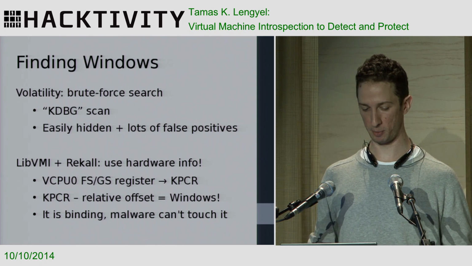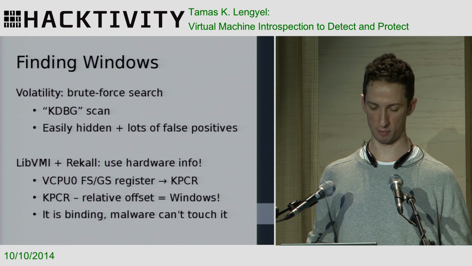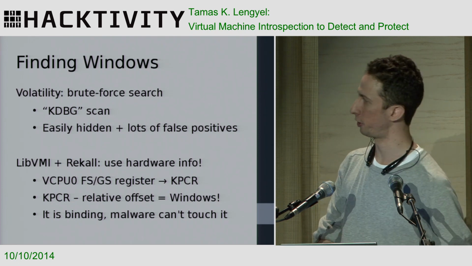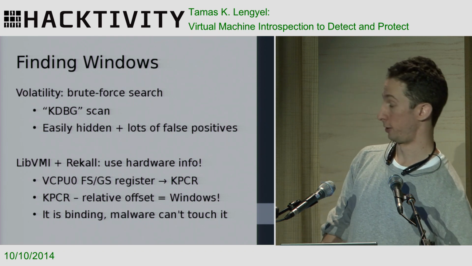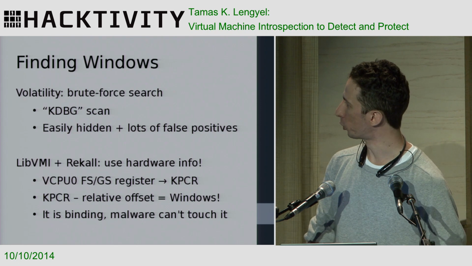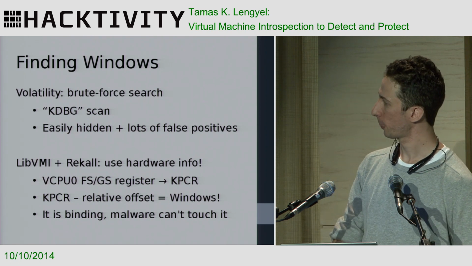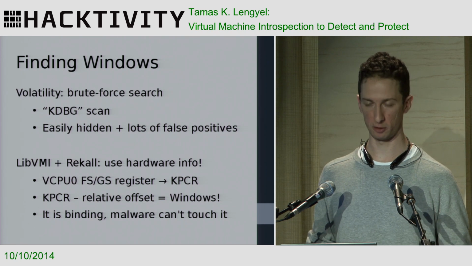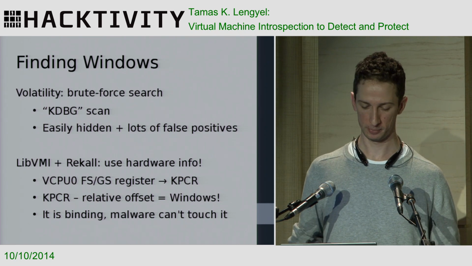If you look at vCPU 0 on Windows 7, for example, the FS and GS registers point to this special area called the kernel processor control region, which of course has an offset associated with it within the debug information.